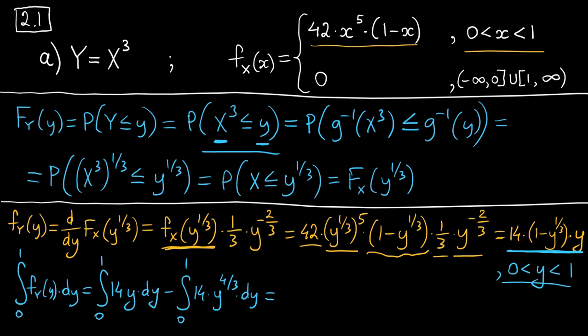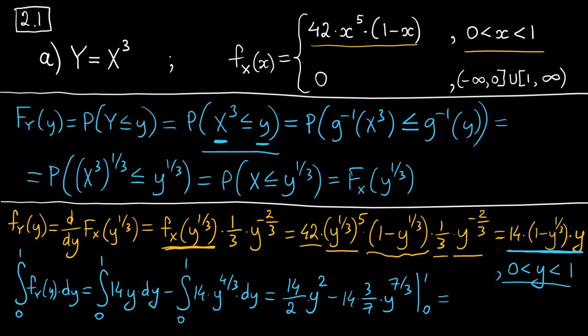The first one will give us 14 over 2 y squared, and the second one will give us 14 times 3 over 7 times y to the power of 7 over 3, the whole thing evaluated from 0 to 1.